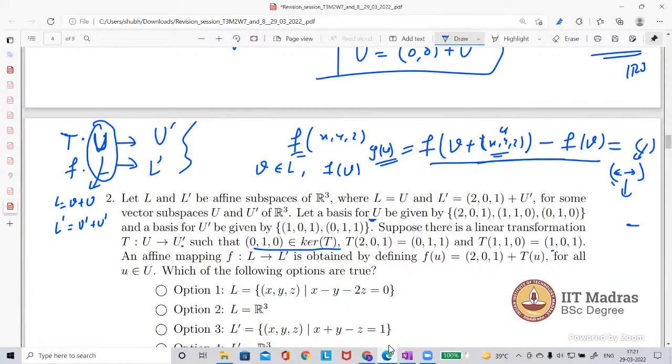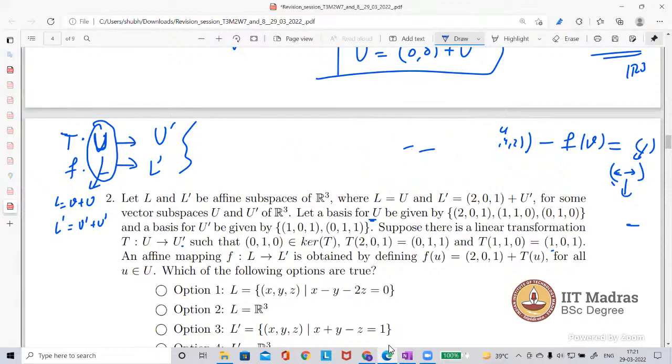This is the offset vector, because the affine plane is offset. I don't know if many of you will get this now, but while solving we will get it. All of these things, whatever I just said about f, I will solve one by one.